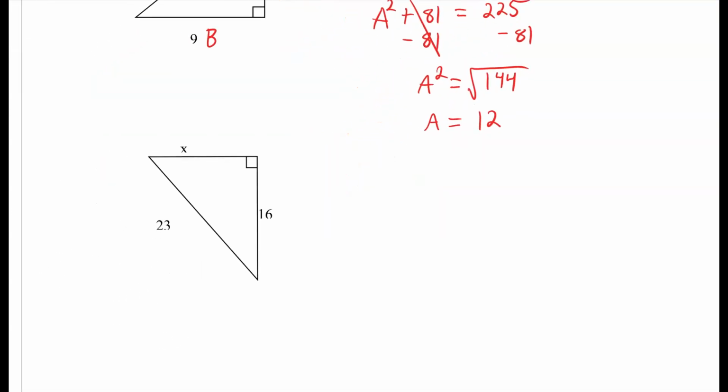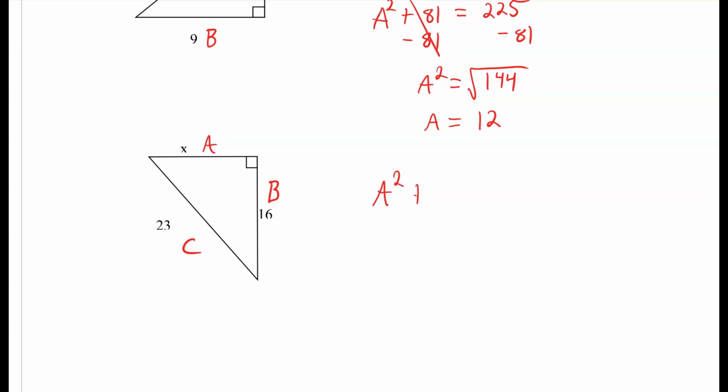For the next one, we have our unknown at the top here, which is going to be a. Then we're going to label that b and label that c. Remember, the important thing is we're always labeling the hypotenuse c. It doesn't matter which side is a and b. They could be flipped, but the only thing that matters when we're setting this up is that c is always our hypotenuse.